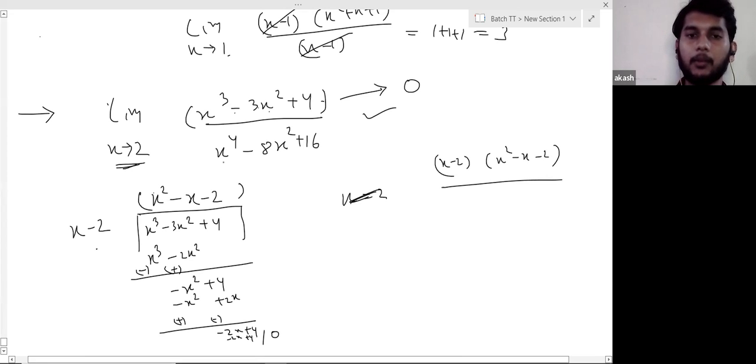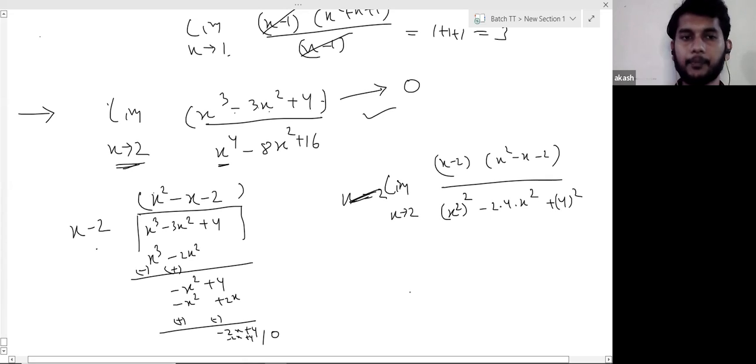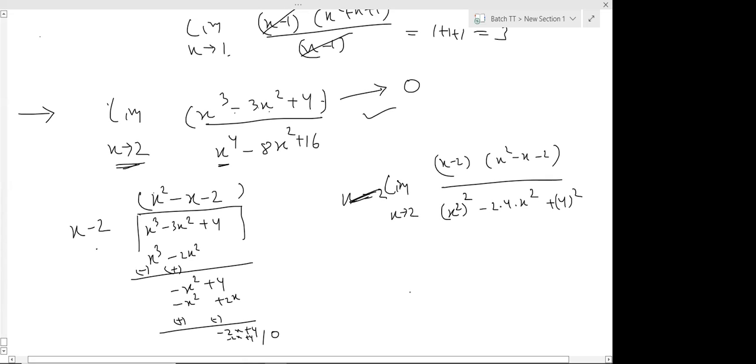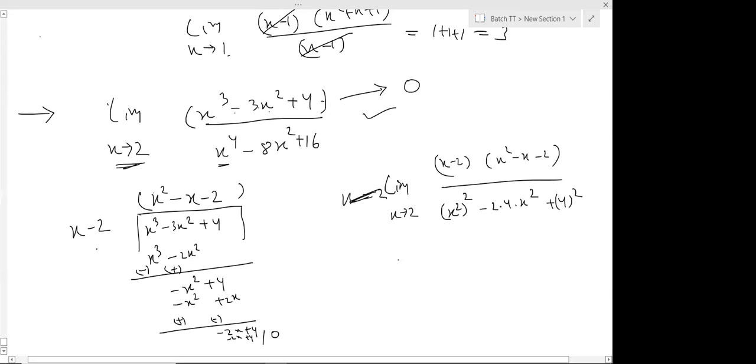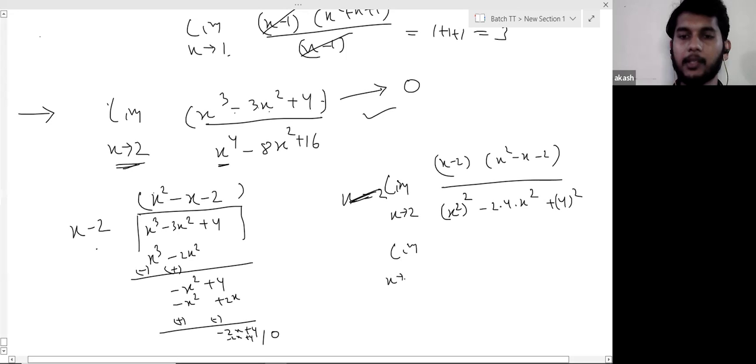Now I can write the denominator as (x square) whole square minus 2 into 4 into x square plus 4 square. Yes or no? All of you? Yes. Right. Sahel, Kinza, this is clear? Yes, sir. So this is limit x tending to 2.